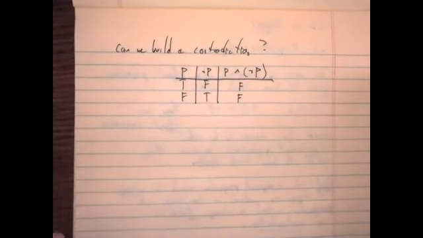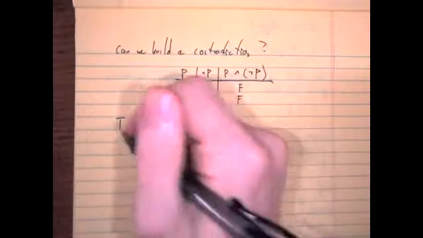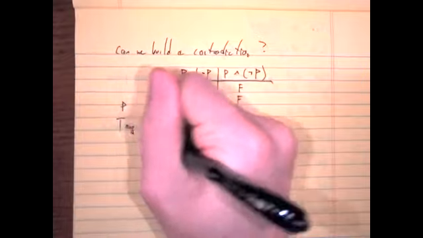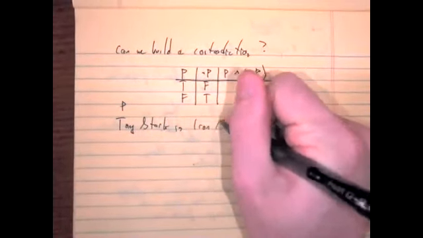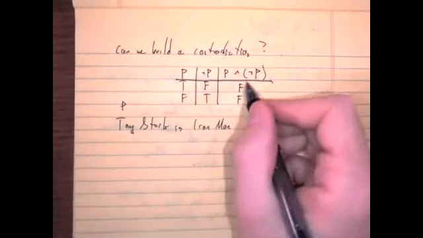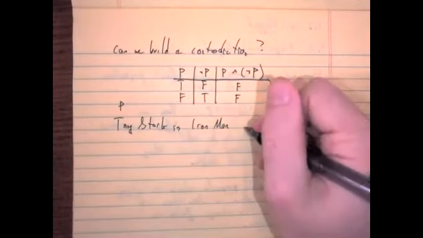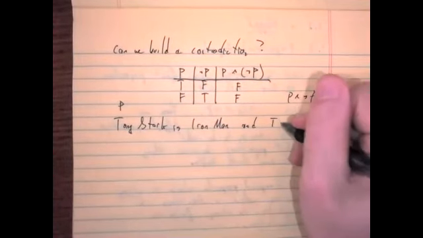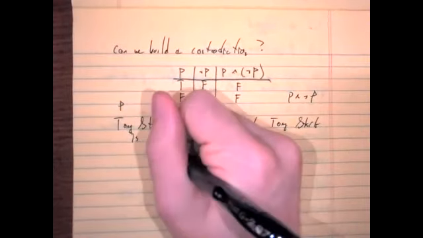Or in words, if I take an arbitrary proposition like Tony Stark is Iron Man, then P is Tony Stark is Iron Man. And then the proposition that I build, P and not P, is Tony Stark is Iron Man and Tony Stark is not Iron Man.